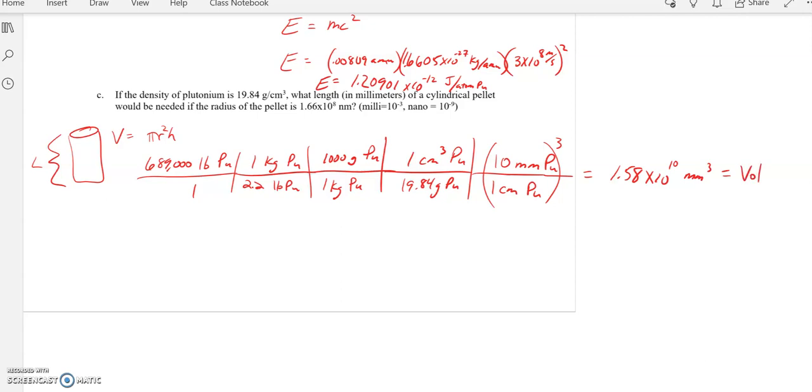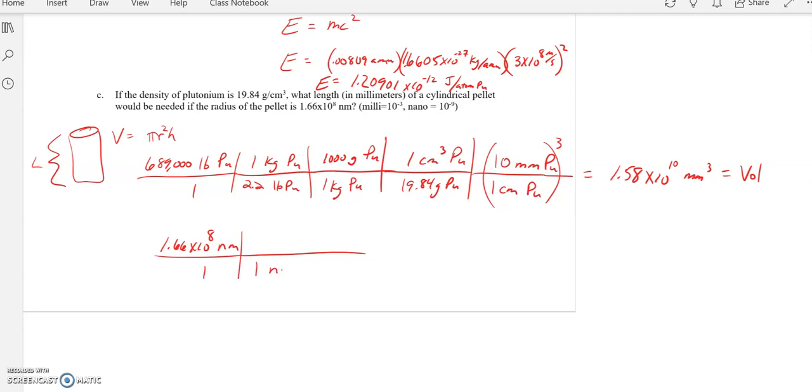Now, in order to use my volume of a cylinder equation, I need to have everything in the same units. So millimeters is the way I'm going to go. I've got the volume in the correct units. I'm looking for the height. I need the radius in the correct units. So I'm going to take the radius, 1.66 times 10 to the 8th nanometers, and try and change this into millimeters just so they're all in the same unit.